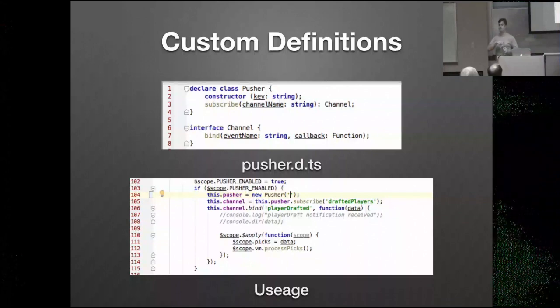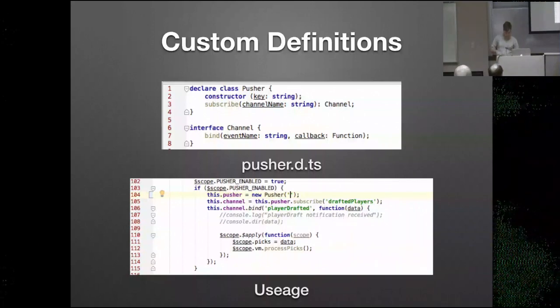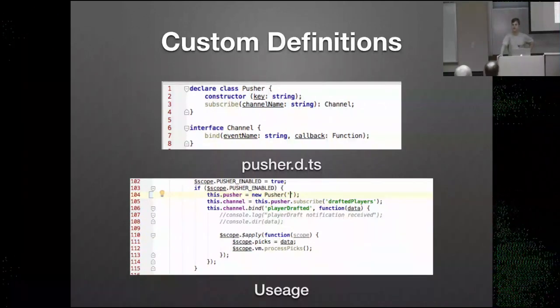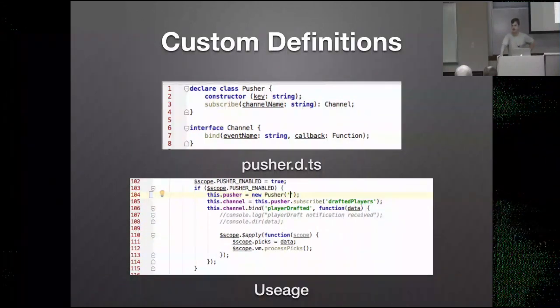Question over here. Is there something out there that might take a normal JavaScript file and try to generate the definition based on a best guess to get you started? Yeah. I don't know. If you look at the Definitely Typed project, if anybody had it, it would be them. They might have some tool in there that'll take a look and try to figure out some things.